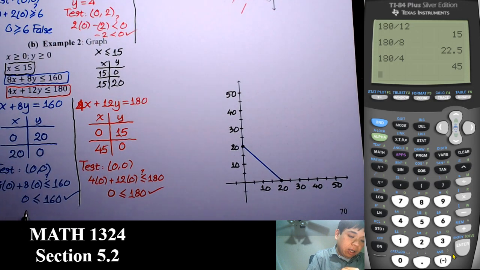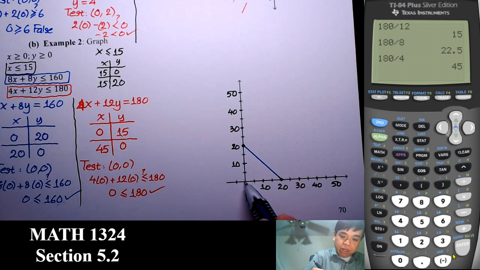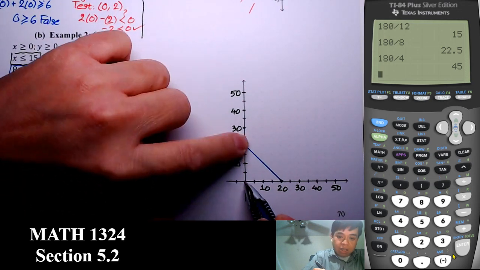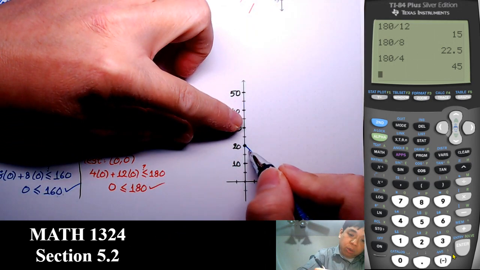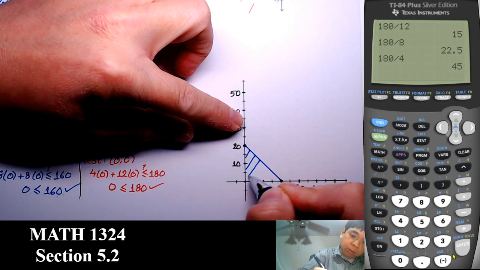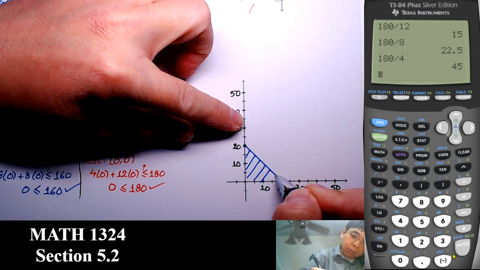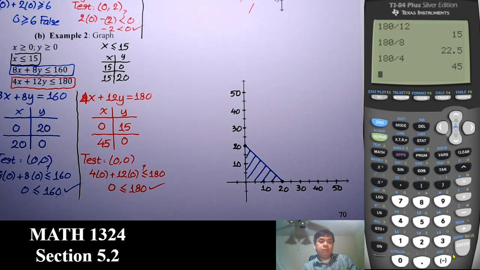And on this one, we have true. So the point 0, 0 belongs to the region below the x-axis, I mean below the line. So we're going to say it below it. Right.